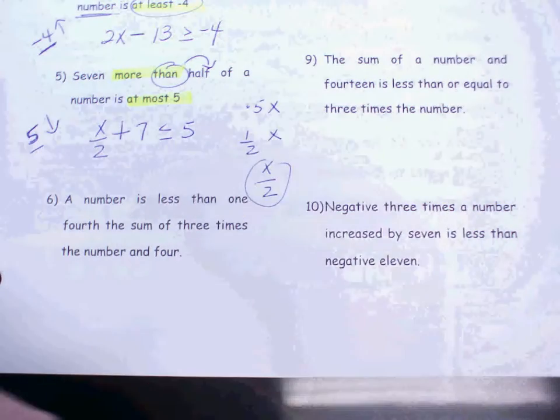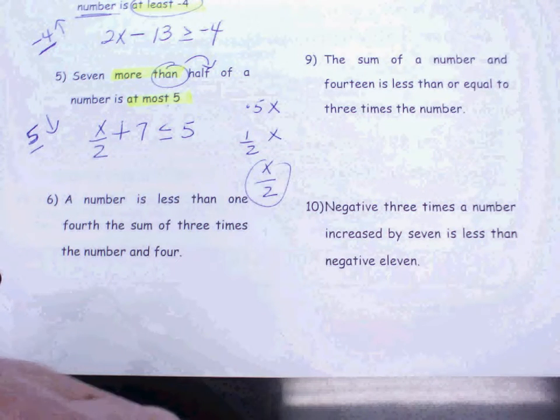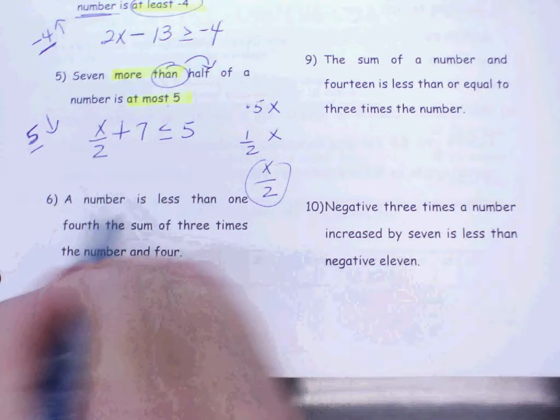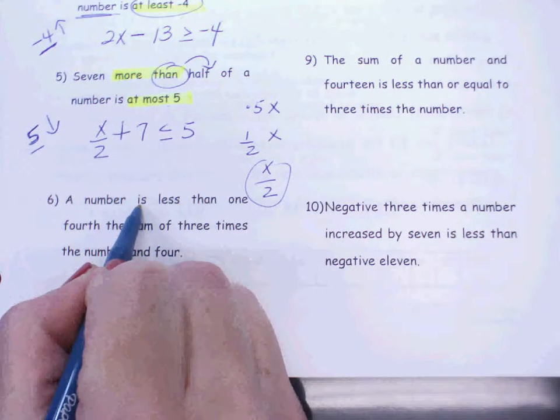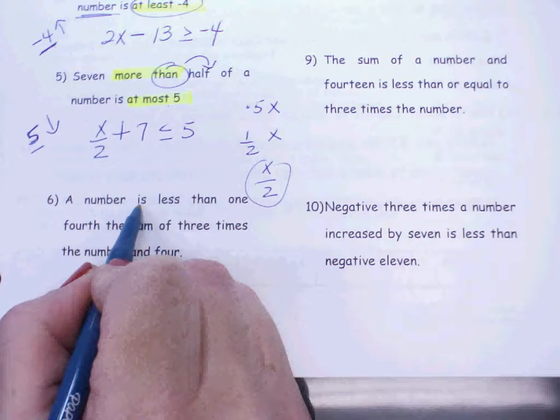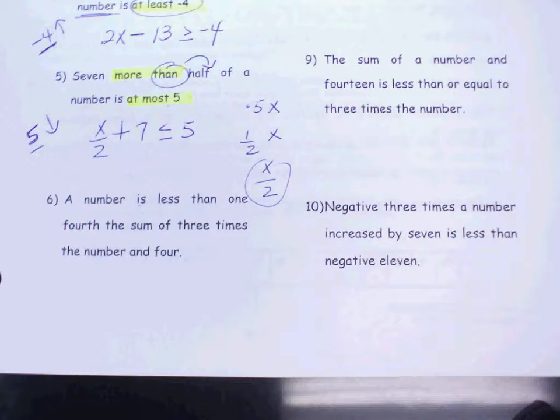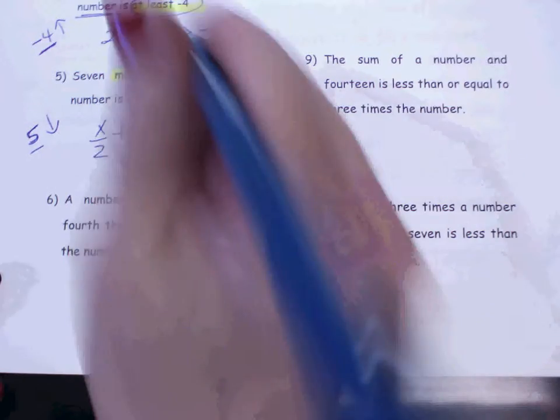A number is less than 1/4 the sum of 3 times the number and 4. All right. So you've got to be careful. Is this an equation or is this an inequality?